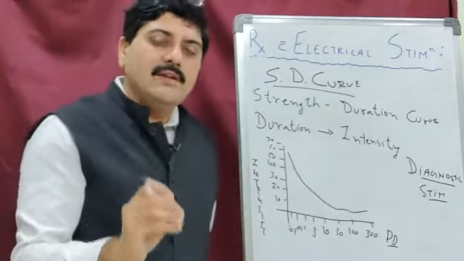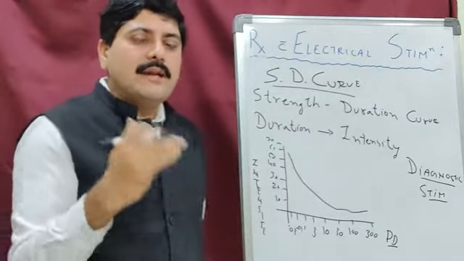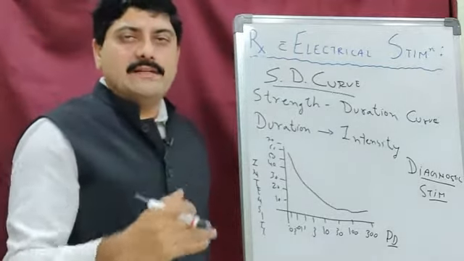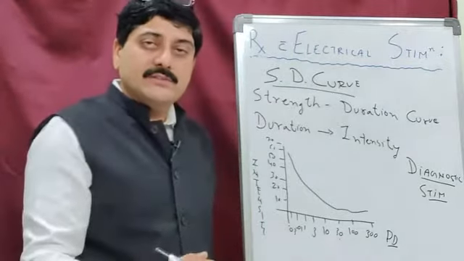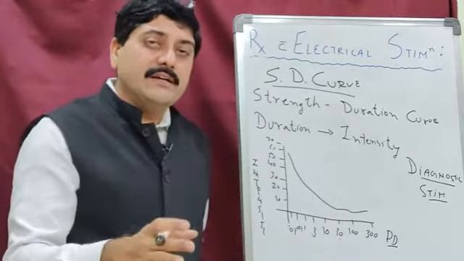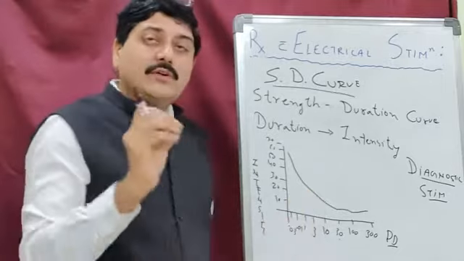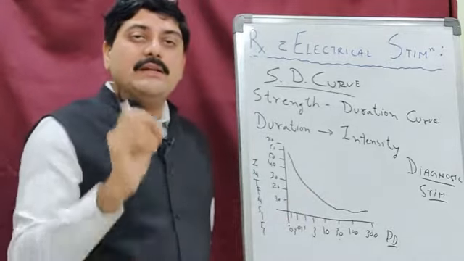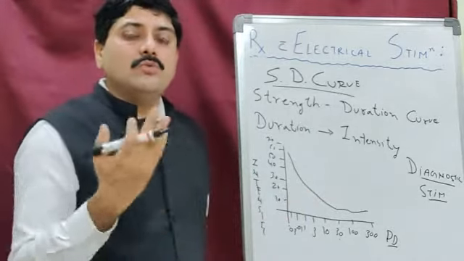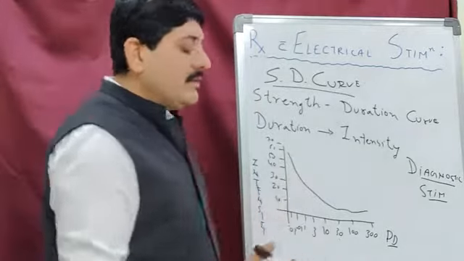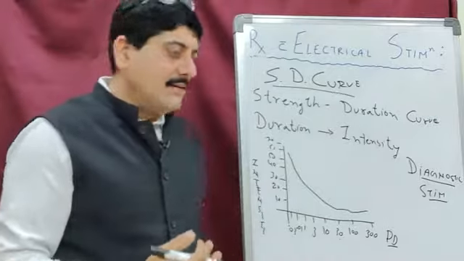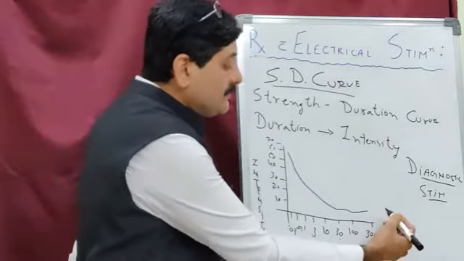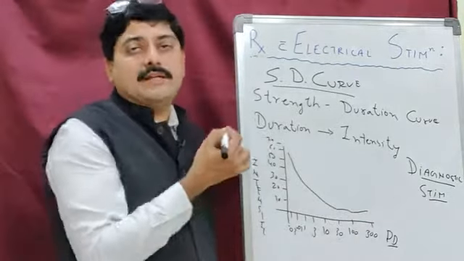So it needs lower intensity, because the more the current goes inside, it can break the threshold, right? As the duration of current reduces, the amount of current needed to stimulate the threshold tends to increase. So this particular curve is known as the SD curve or normal SD curve, which starts from the right hand and moves towards the left hand.